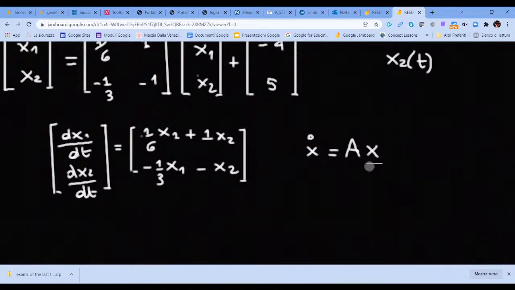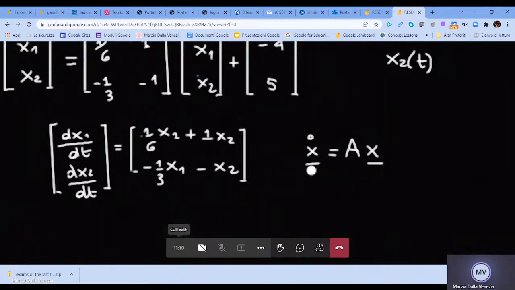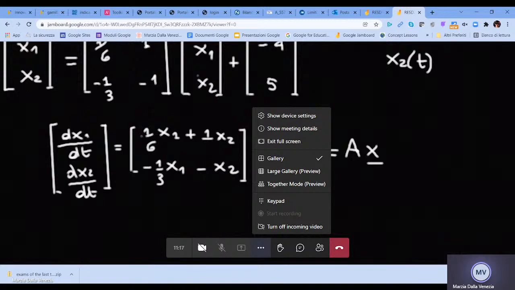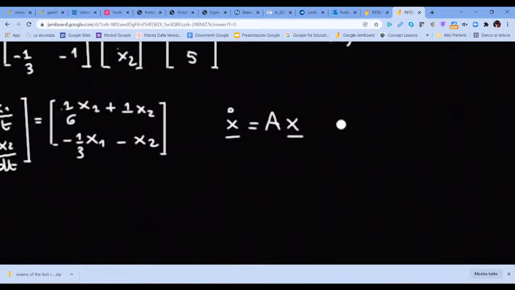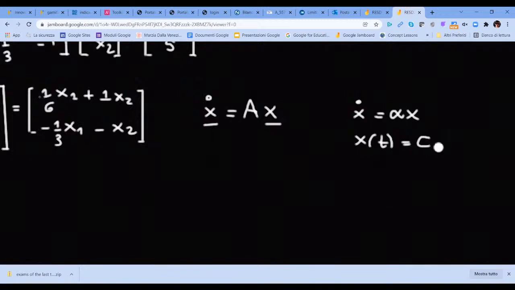As you know, this solution could be seen as the solution where we have first in one dimension, because you remember that if we have only one dimension, only one value, so x dot equals alpha x, we already knew the solution because this is in exponential form, and this is an exponential where we have some constant c times e to the alpha t.